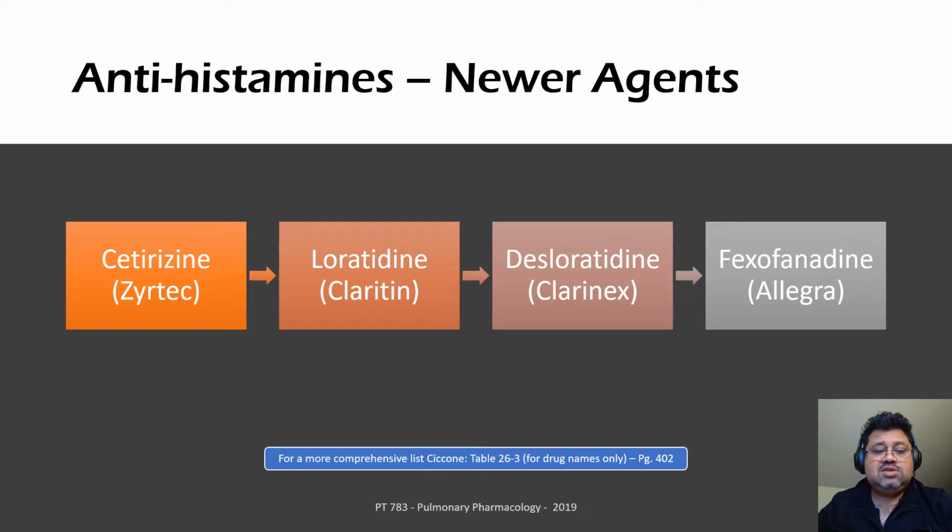Examples of these antihistamines are Zyrtec, cetirizine, loratadine, which is Claritin, desloratadine, which is Clarinex, and Allegra, which is fexofenadine. So these are some of the newer agents. Of course, there is a more comprehensive list on the text table 26.3 for drug names only. That's all I need you to know.